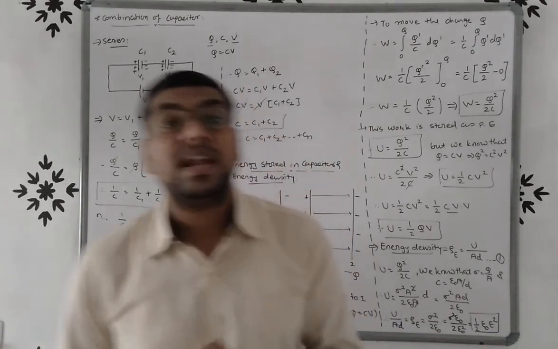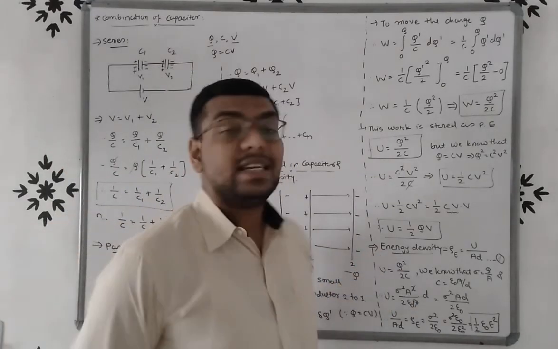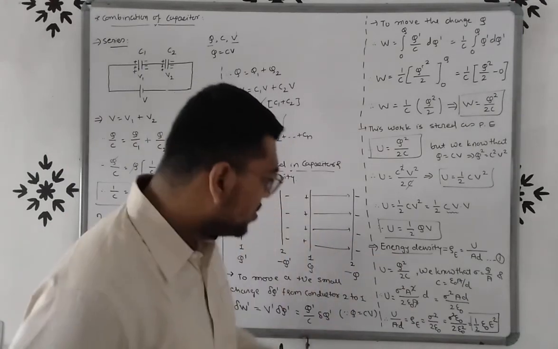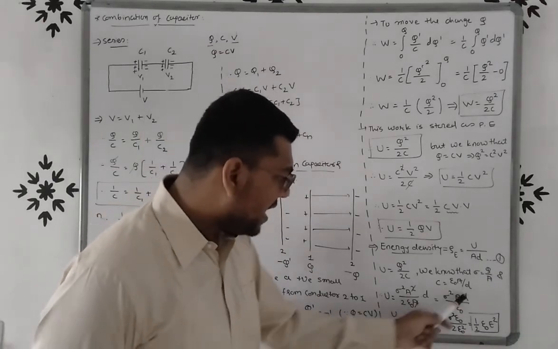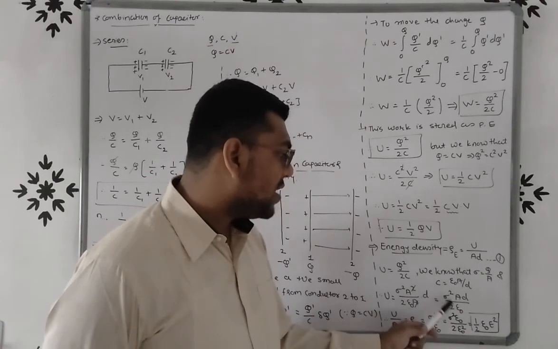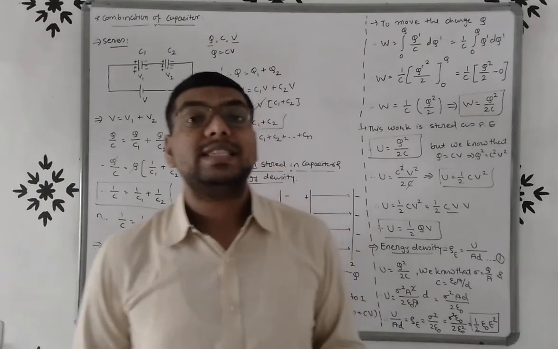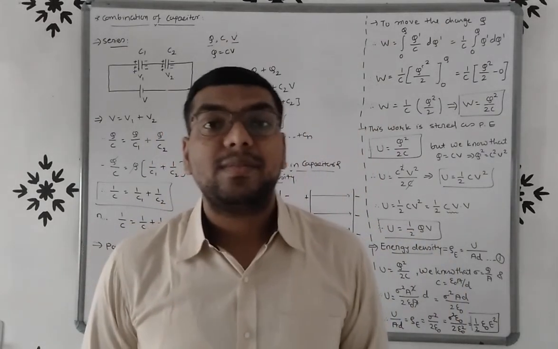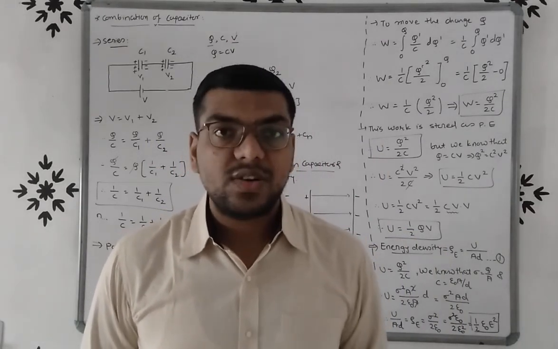Now we want to derive the equation of energy density, that means energy per unit volume, U by AD. So we take this AD to the left hand side, then U by AD, the energy density rho E, is equal to sigma square upon 2 epsilon 0. Now if we want to write this equation in the form of electric field, we know that for a parallel plate capacitor, electric field E is equal to sigma upon epsilon 0, right?